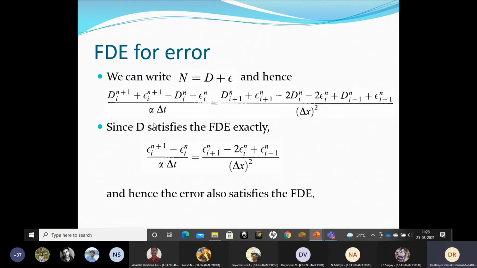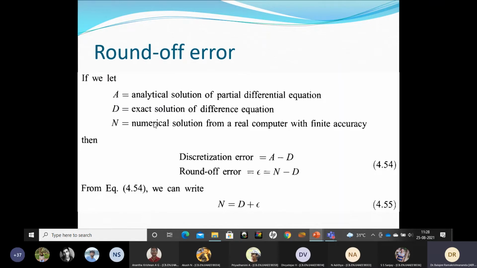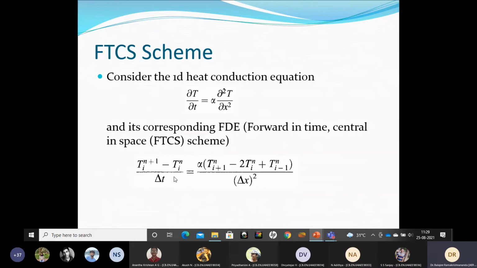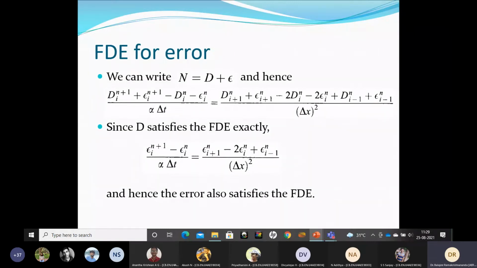Now D, as we know, is the exact solution of the difference equation, so it should satisfy this difference equation exactly. Left hand side is equal to right hand side. Since D satisfies the FDE exactly, you can cancel off all the D here.